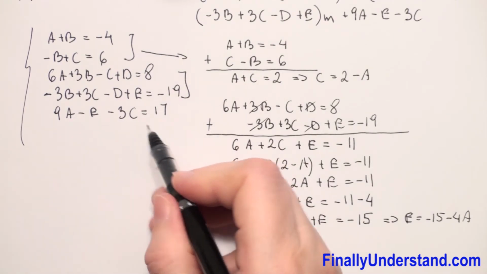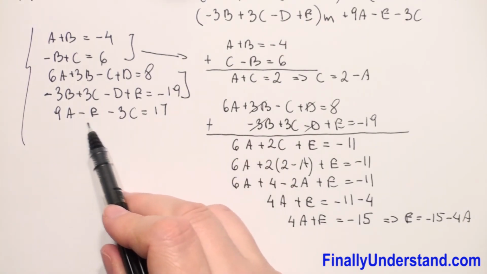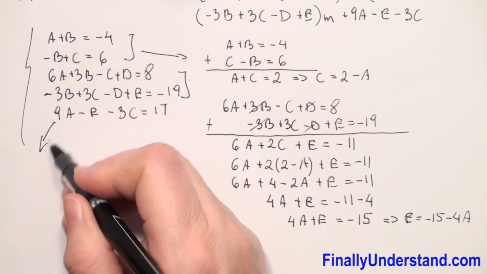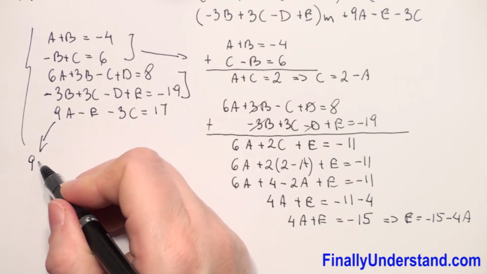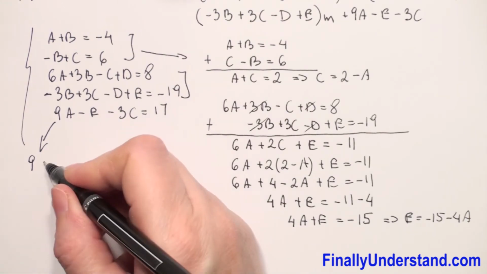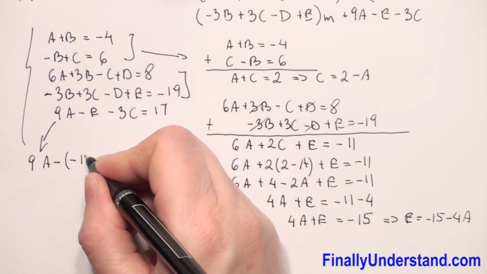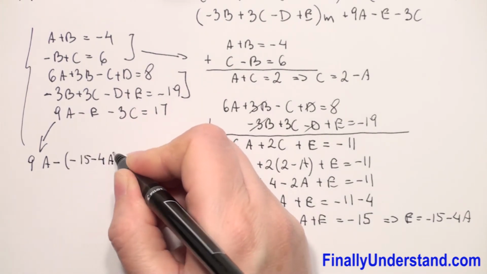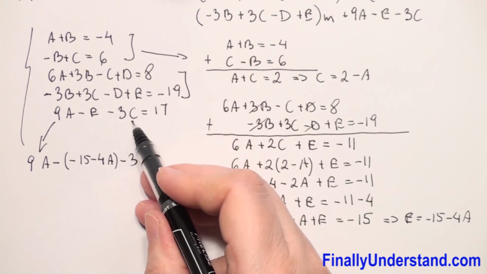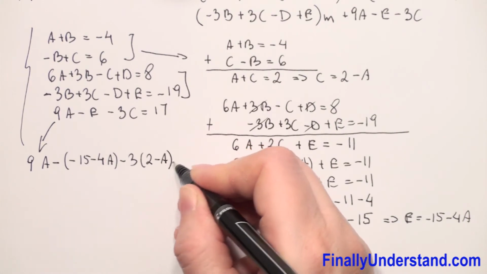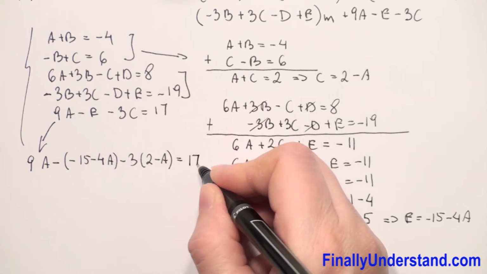And now let me substitute to this equation. 9a minus e, we found, in parentheses I will write negative 15 minus 4a, minus 3 times c, c is 2 minus a, equals 17.